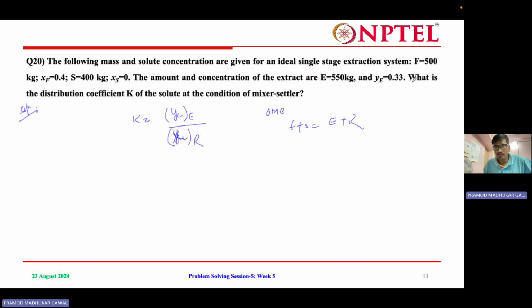So here YC is given, so we have to calculate the XC in the raffinate phase, and then the distribution coefficient of the solute. So F is 500 plus solvent 400 equals 550 plus R. So you'll get R 350.